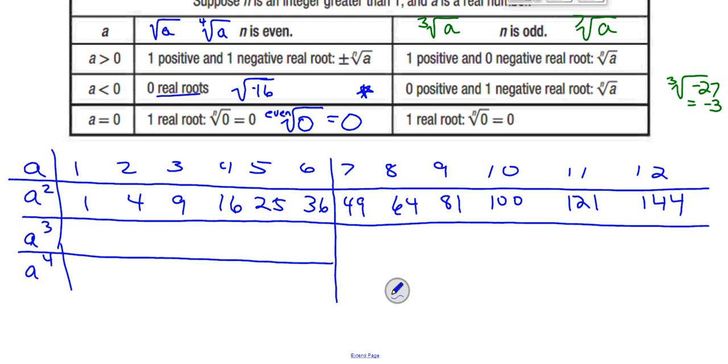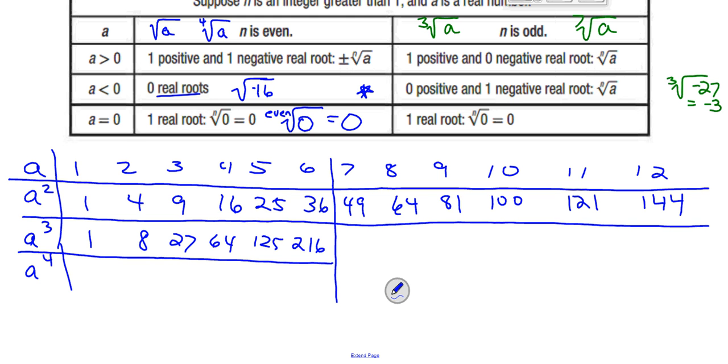So 1 times 1 times 1 is 1, 2 times 2 times 2, 2 times 2 is 4, times 2 is 8. A lot of times we want to know 2 to higher powers, but right now this is 27, that's 64, 125, and 216, I think is what we said there. Just so that you're seeing those.